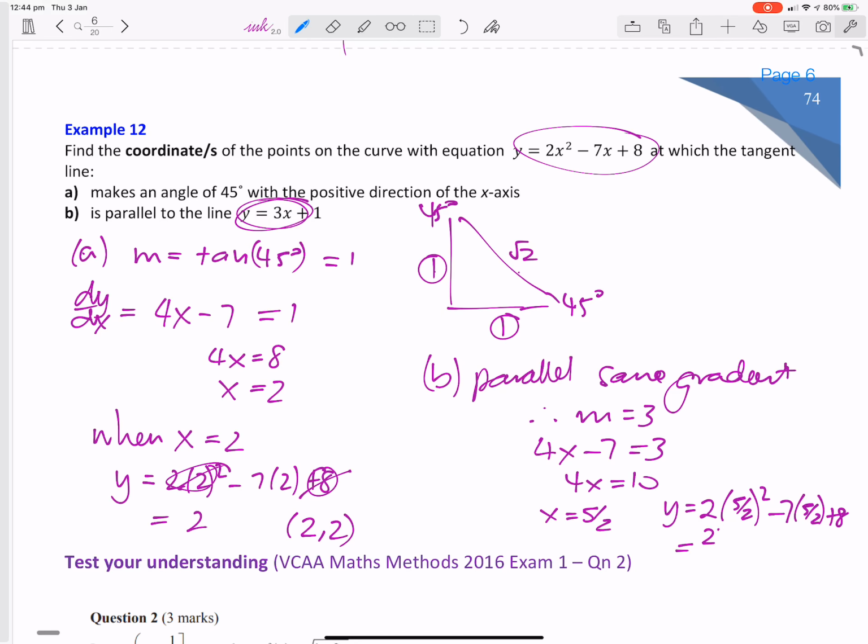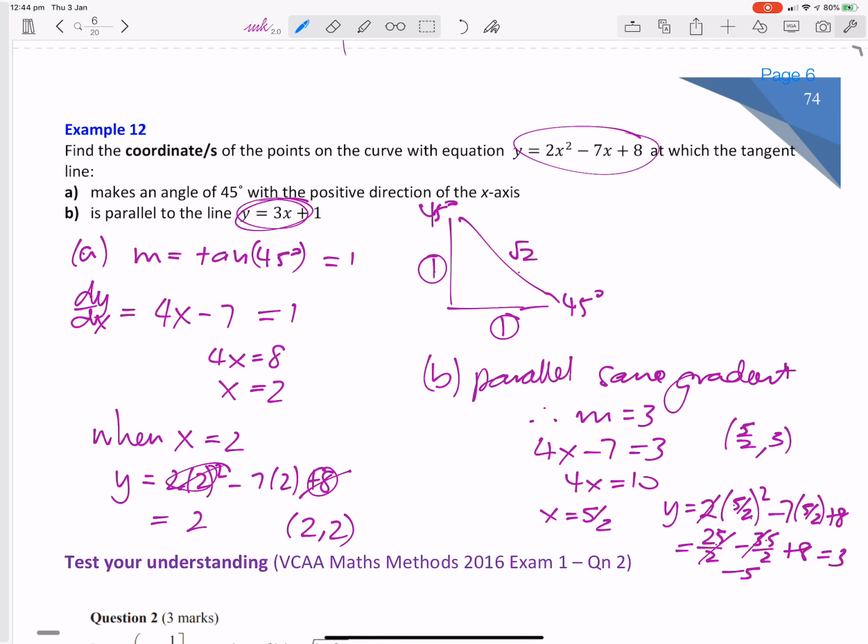That's going to be 25 on 2, because 5 squared is 25, 2 squared is 4, but they will cancel. Minus 35 on 2, and then plus 8. 25 minus 35 on 2 is minus 10 on 2, which is minus 5. So then minus 5 plus 8, which is 3. So my coordinate is (5 on 2, 3).